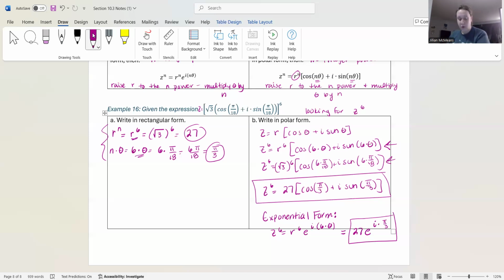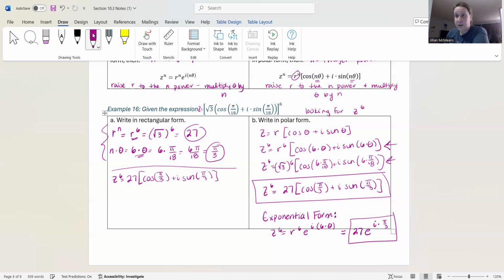Once we have polar form, the regular rectangular form really comes from the polar form. Essentially, to get rectangular form from polar form, you just evaluate. So we have z to the sixth equals 27 times cosine of pi over 3 plus i times sine of pi over 3.